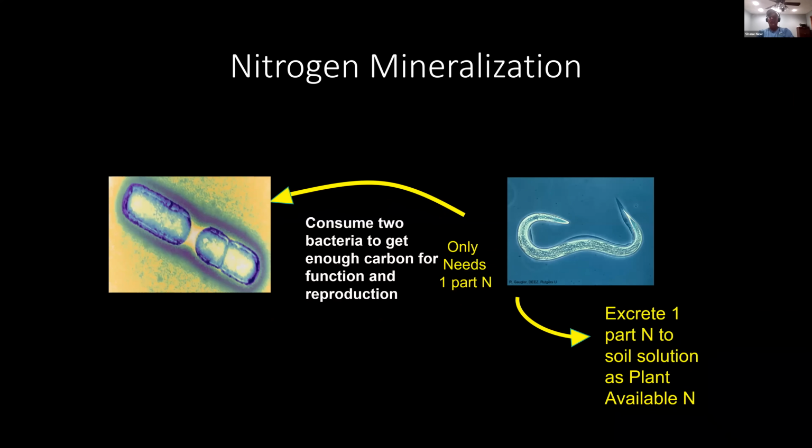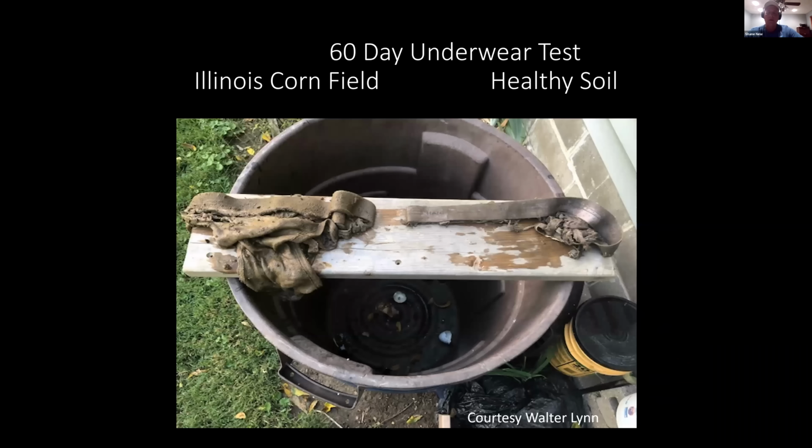Well, it's going to excrete it out. And from that excrement, it's now going to make nitrogen plant available. It's not just nitrogen, it's also phosphorus, potassium. It's all the other nutrients our plants need. So it's not just the nitrogen itself. And this is a great little illustration.